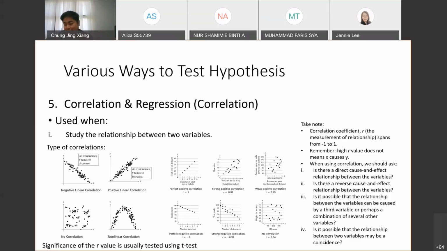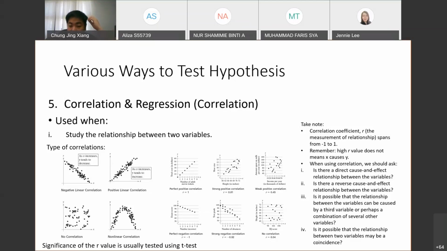This is a very simple case, right? You test the temperature, let's say the temperature in Kuala Terengganu coastal water. Then you take the strength of the monsoon and do a correlation. Then you realize, hey, they have a strong R value.